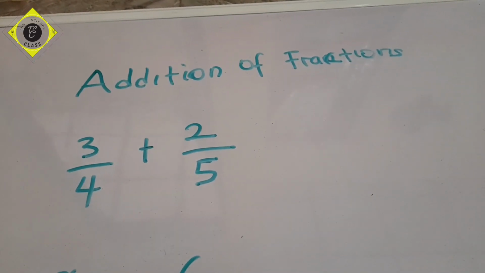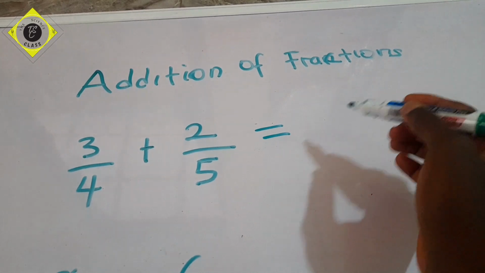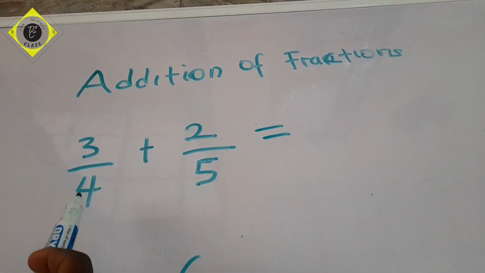Alright, so in the first example, we have 3 over 4 plus 2 over 5. The first thing we are going to do is get the LCM, the lowest common multiple of 4 and 5.